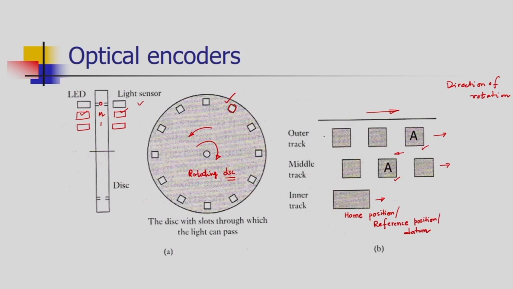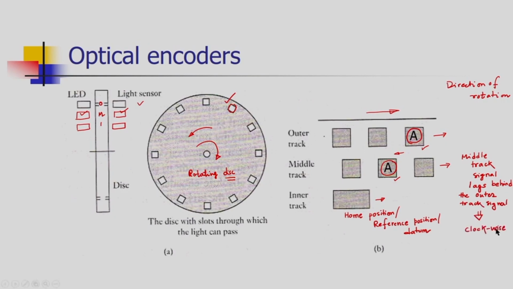So, the pulse at the middle track is lagging the pulse at the outer track. When the middle track signal lags behind the outer track signal, we get clockwise rotation.